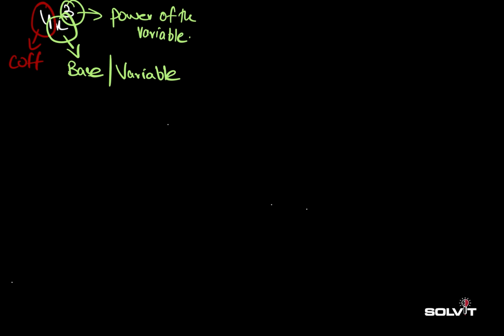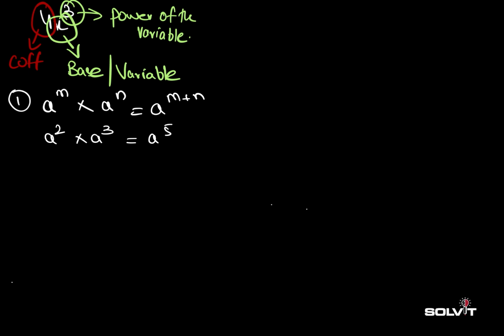Okay, so now let's come to the first rule of indices, that is, if we have a to the power of m multiplied by a to the power of n. In this case, the bases are the same, so that means we can add the powers: m plus n. So a to the power of 2 multiplied by a to the power of 3 becomes a to the power of 5.